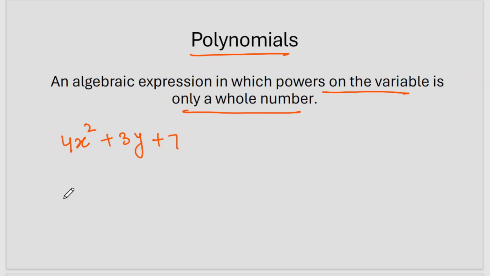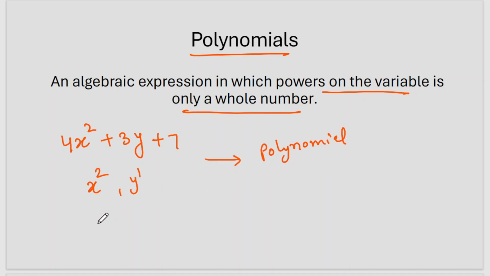I will again say yes. How? Polynomials are also algebraic expressions in which powers on the variable are only whole numbers. Now you can see, what is the power on x? It is 2. What is the power on y? It is 1. So we can say that it is a polynomial.